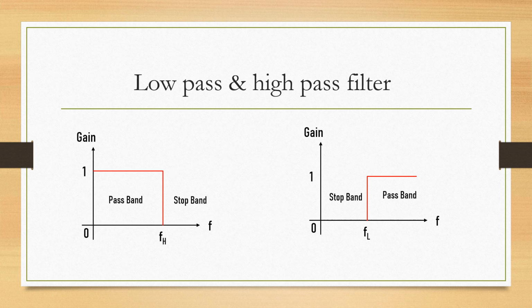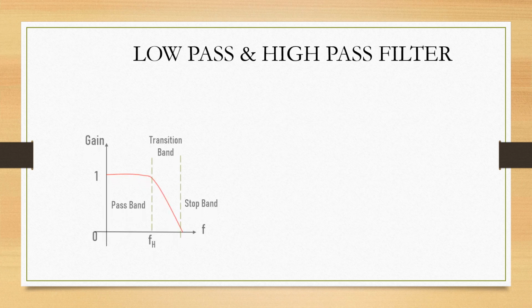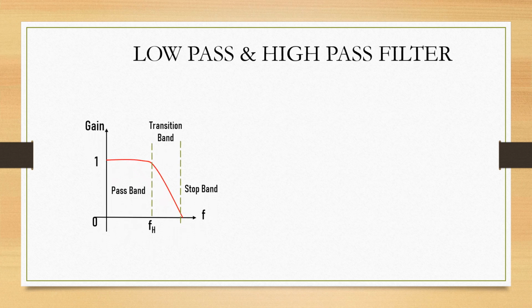So this is the ideal case, where from the pass band to the stop band there is an immediate blockage of the frequency. But practically, this doesn't happen. There is a steep slope occurring, which we call the transition band.